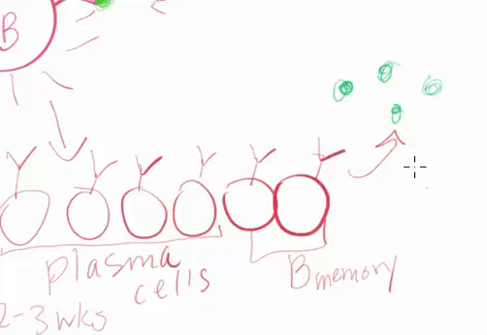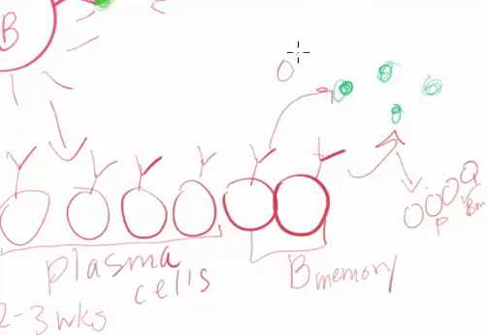They no longer require the T helper. So when that memory B cell comes in contact with the matching antigen, it will set off expansion and it will make plasma cells and more memory B cells. So once it's a memory cell, it no longer requires the T helper.